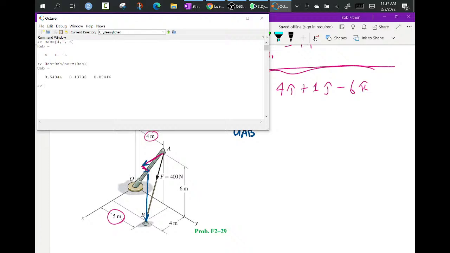Doesn't look very happy there. I wonder what the norm of RAB is. Oh, it's something kind of weird.